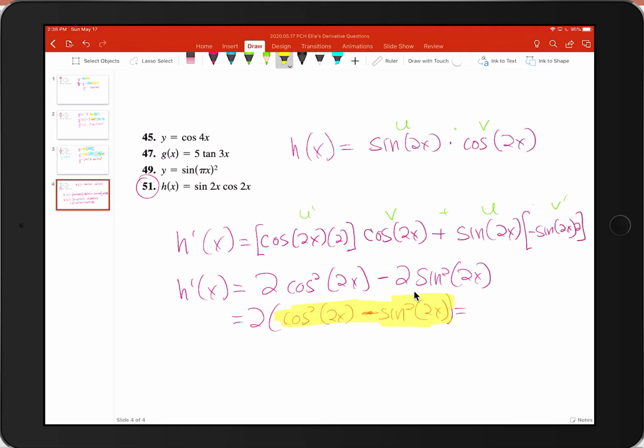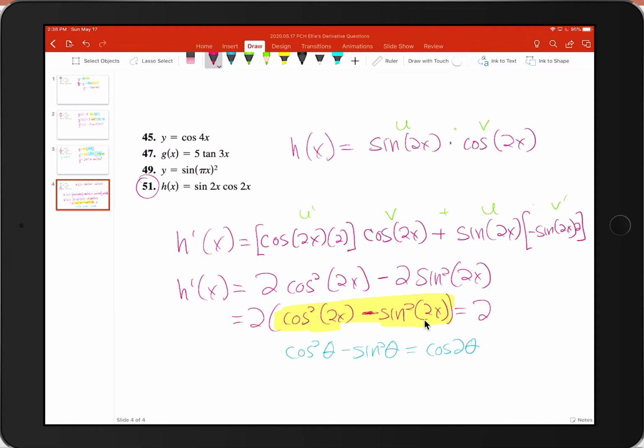One of the trig identities that we went over was cosine squared theta minus sine squared theta, which is cosine of 2 theta. So if you have cosine squared of anything minus sine squared of the same thing, it's the same thing as saying the cosine of double whatever was the inside function inside both of these parentheses to begin with.